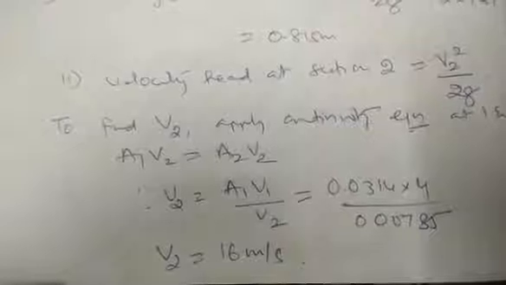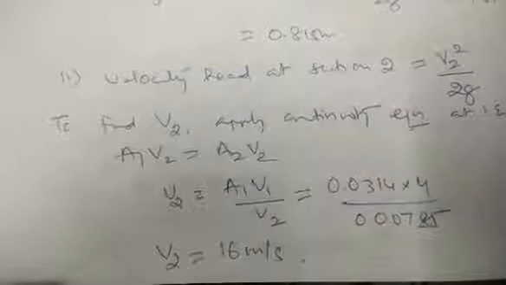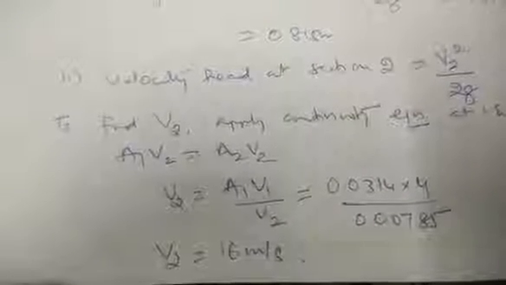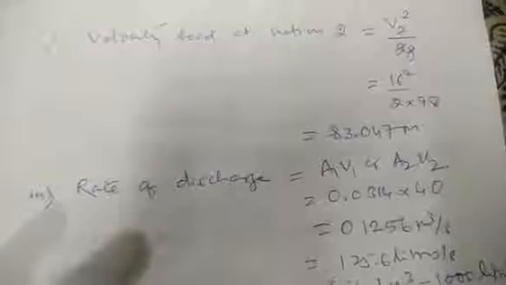For A1, v1, A2 are known, so from that calculation we get v2 equal to 16 meter per second. Next we need to calculate the velocity head at section 2, given by v2 square by 2g. We have found v2 is 16, so 16 square by 2g.